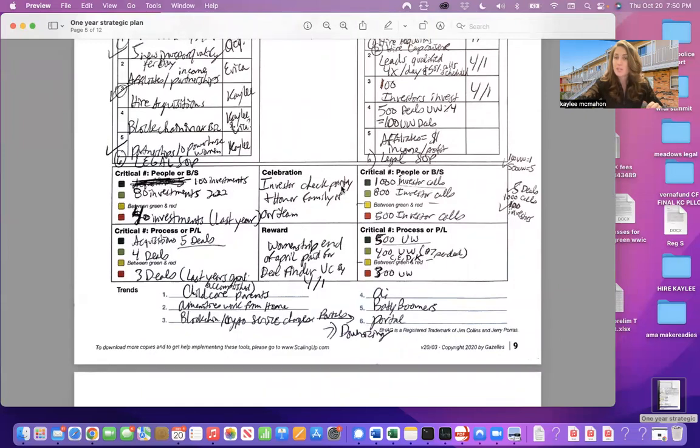And then also, what makes up all this stuff? Again, I talked about what that celebration looks like once we meet this goal. So for example, what are our critical numbers that we have to meet? Critical number with your processes, critical number with your people.